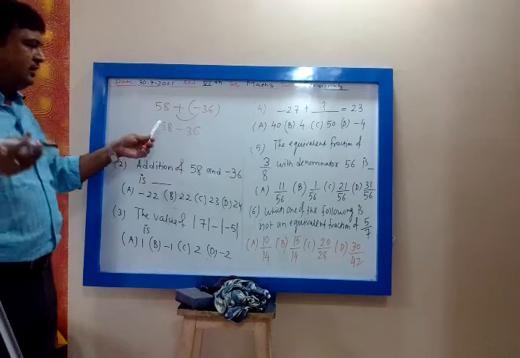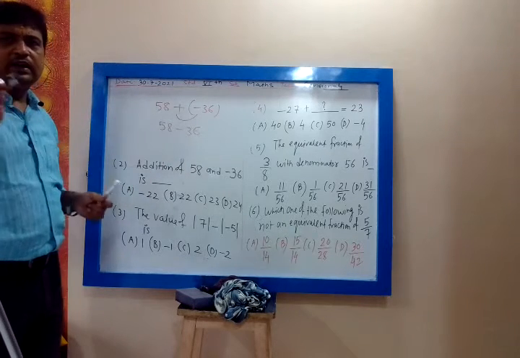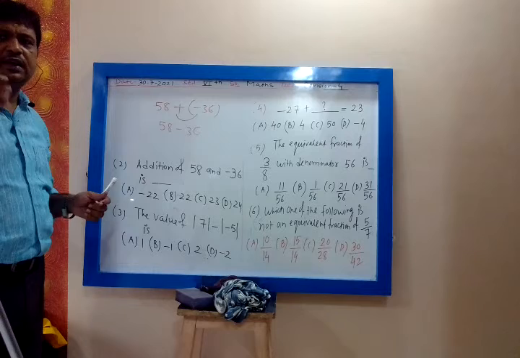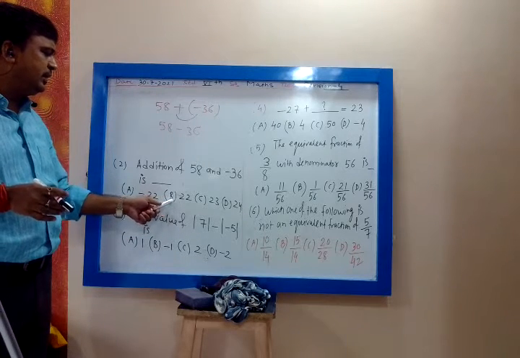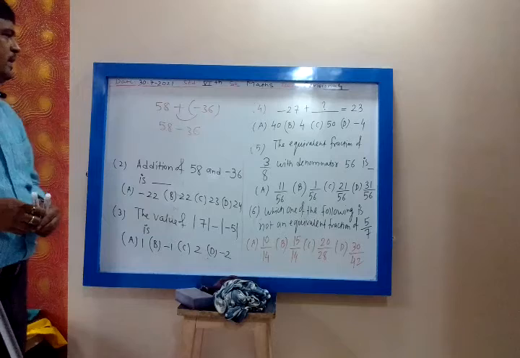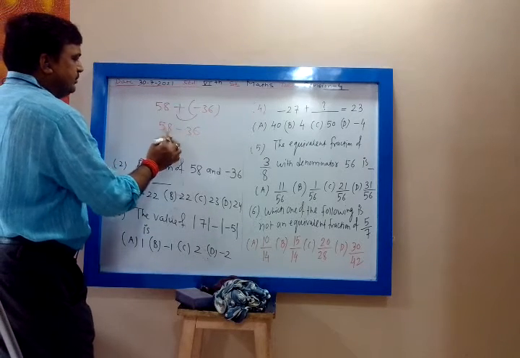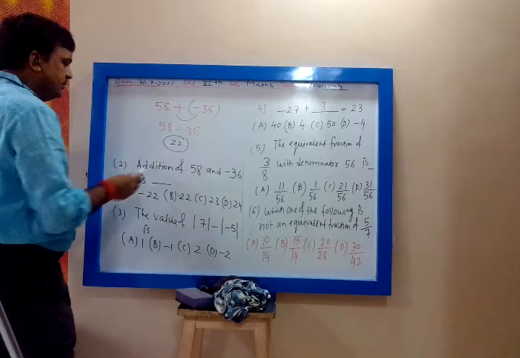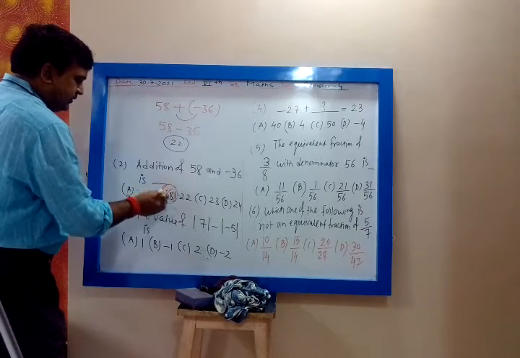In the answer you should write the option and that number. You will write B22, do not write 22. 58 minus 36, plus and minus have opposite signs, so you have to subtract. The answer is plus 22. So we log the answer plus 22.